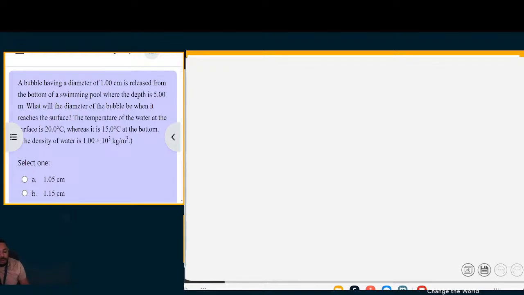Okay, so we know now what the pressure is at the top and what the pressure is at the bottom. So the pressure at the top is P1, or rather the pressure at the top would then be the atmospheric pressure, and the pressure at the bottom would be the pressure you just worked out.